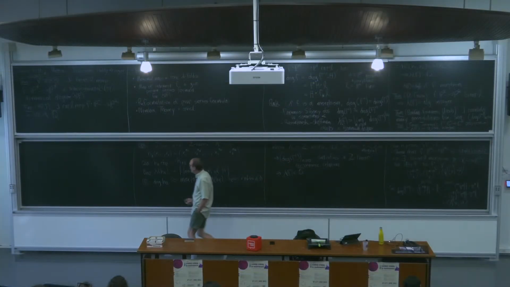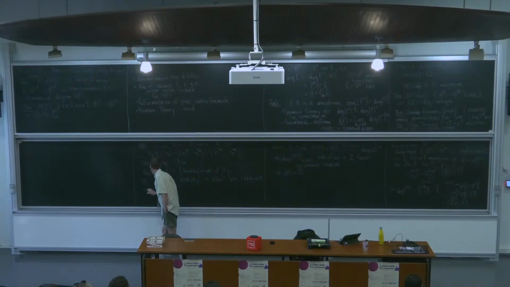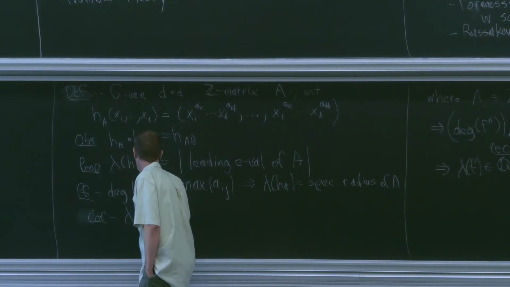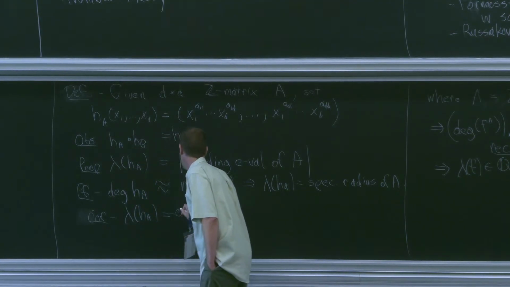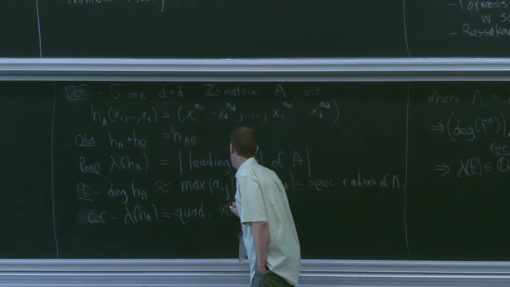All right, so this implies something that looks like the previous theorem. So lambda of h_A is, again, a quadratic integer.